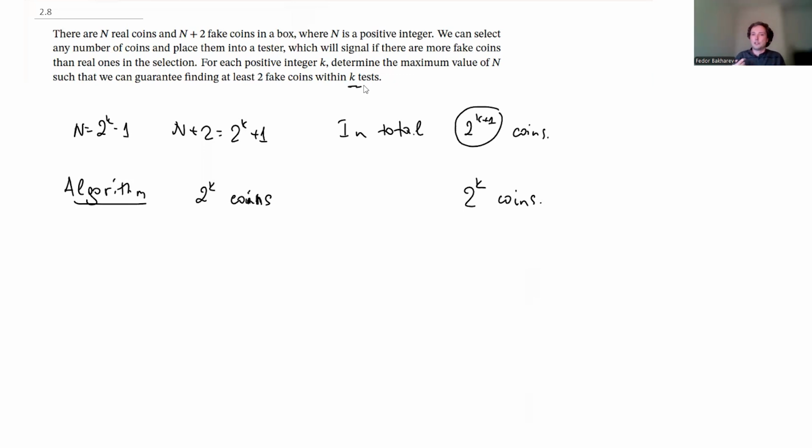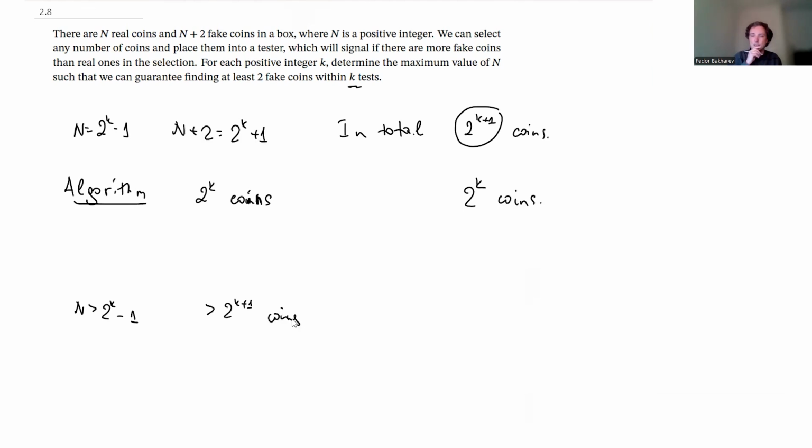So now we should explain why it is not possible to do this for greater n. So for n greater than 2 to the power k minus 1, it is not possible to find fake coins. And in this case, there is a quite usual argument. So let us suppose that we have more than 2 to the power k plus 1 coins.